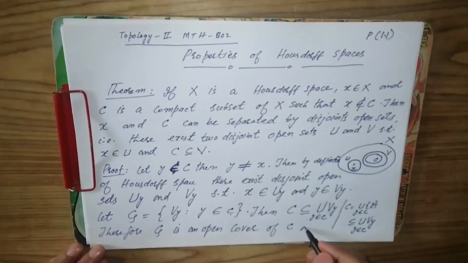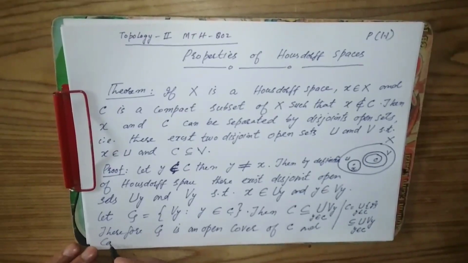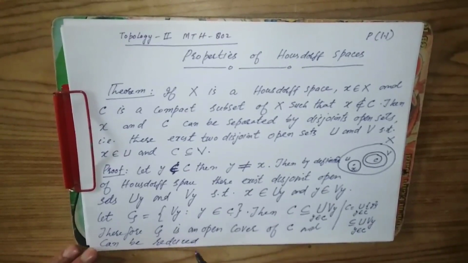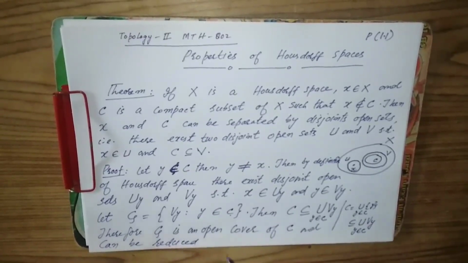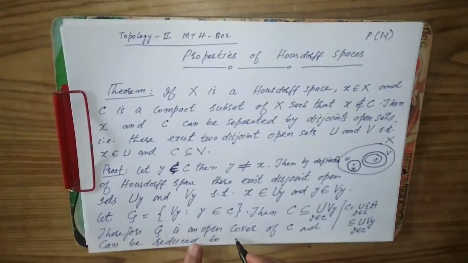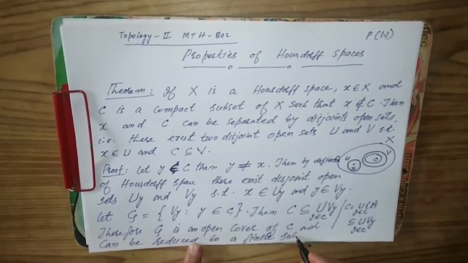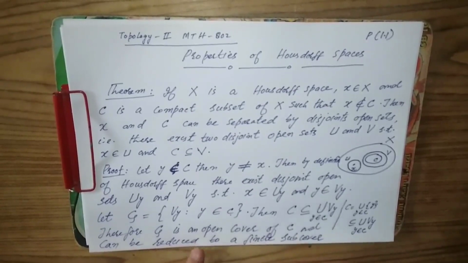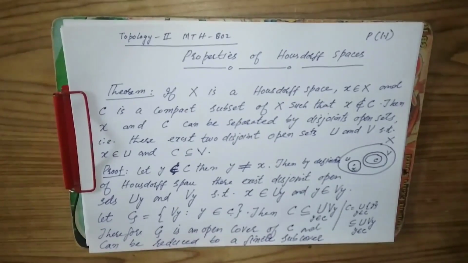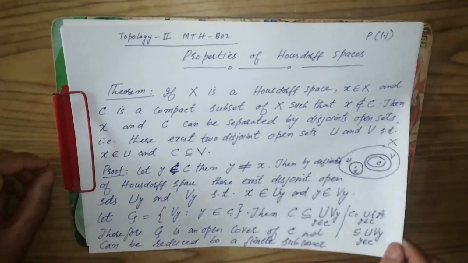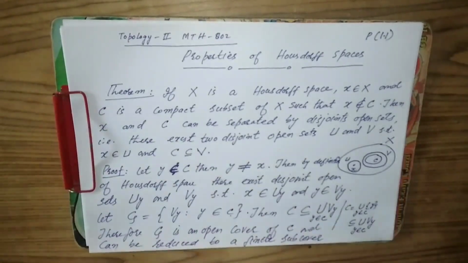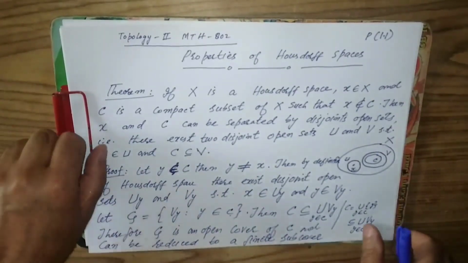What's the reason? Because C is compact, every open cover of C can be reduced to a finite subcover.